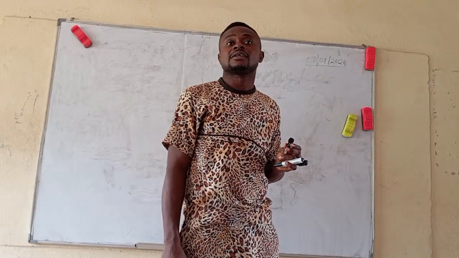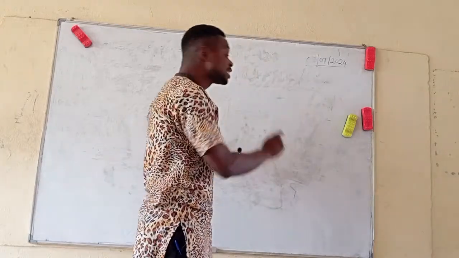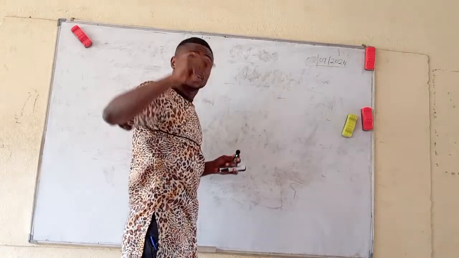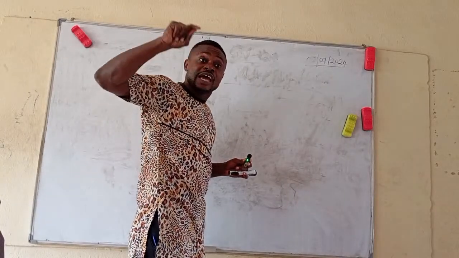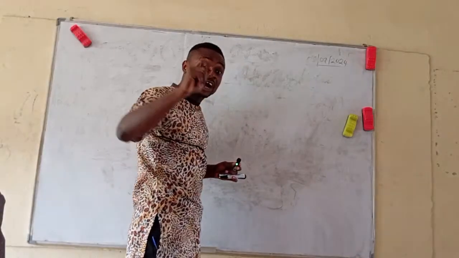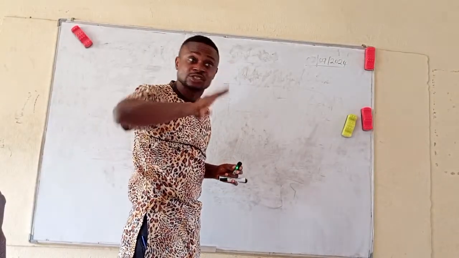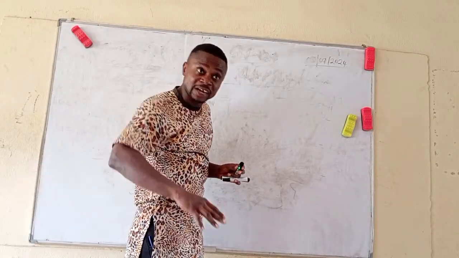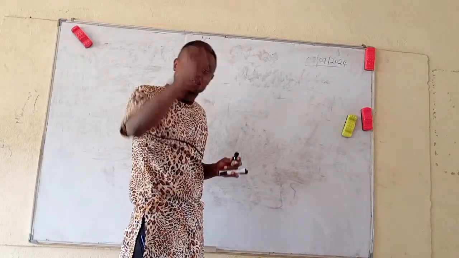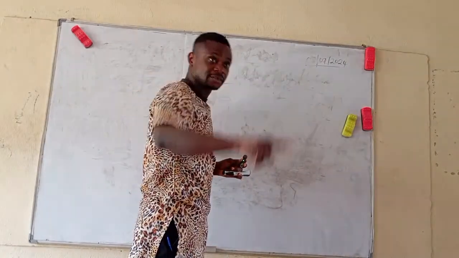Yes, that pregnancy strip you use for the urine. If HCG is present in the urine, it will change to that color. But if there's no HCG, it will not change. It will become invalid. Am I communicating? All that HCG is from the urine of a pregnant woman.